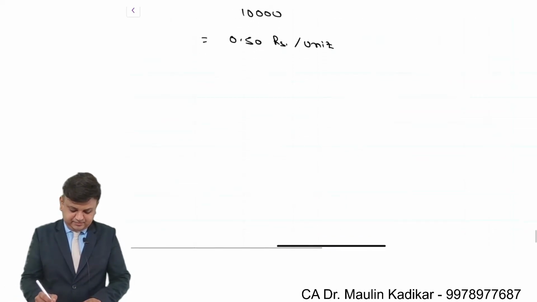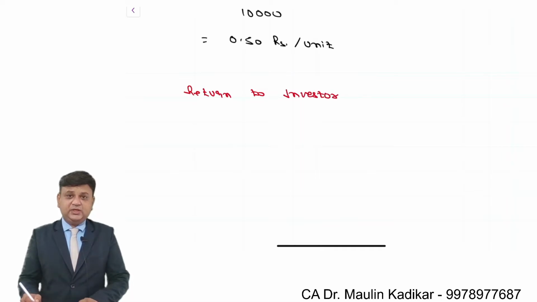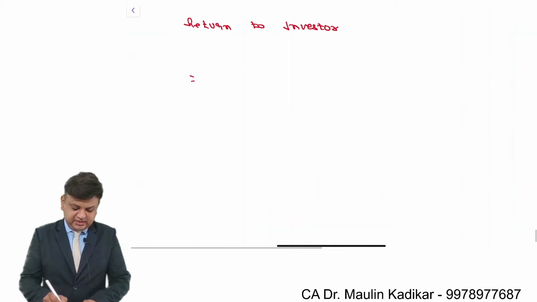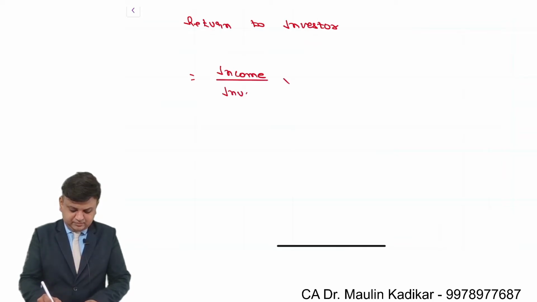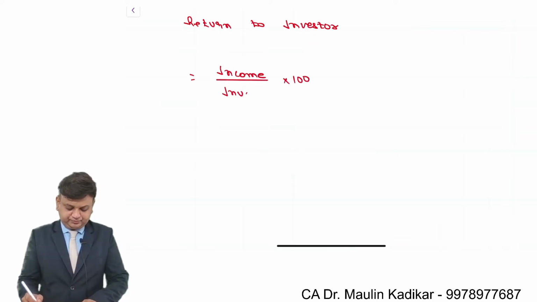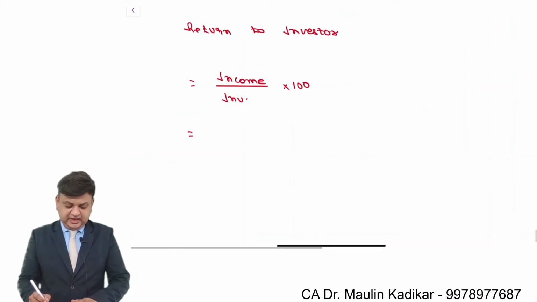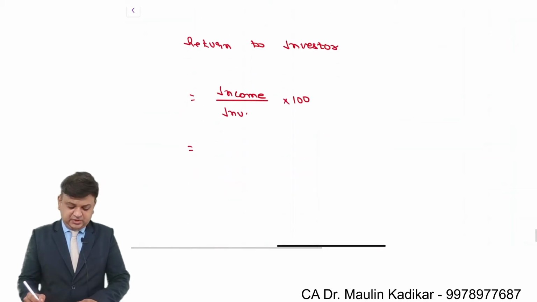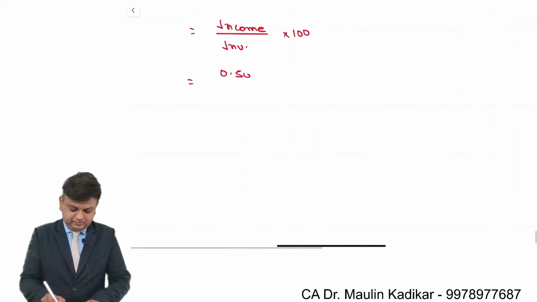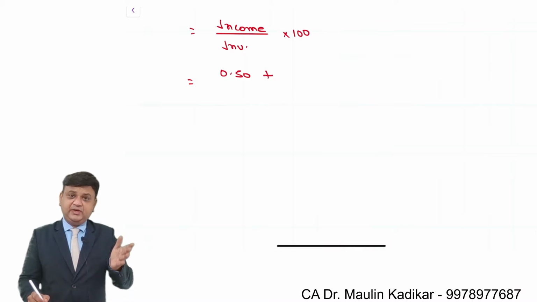Next, return to investor. As far as return to investor is concerned, it will be calculated like this: income upon investment into 100. We understand that as an investor, I received dividend of 50 paise per unit, plus NAV1 is rupees 12.